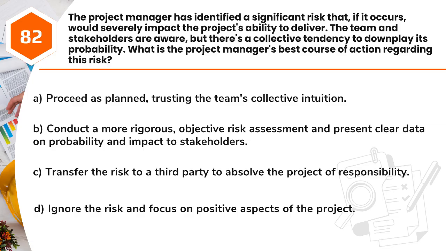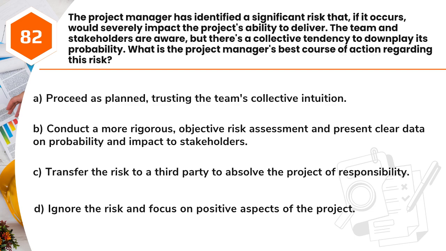Question 82. The project manager has identified a significant risk that, if it occurs, would severely impact the project's ability to deliver. The team and stakeholders are aware, but there's a collective tendency to downplay its probability. What is the project manager's best course of action regarding this risk?